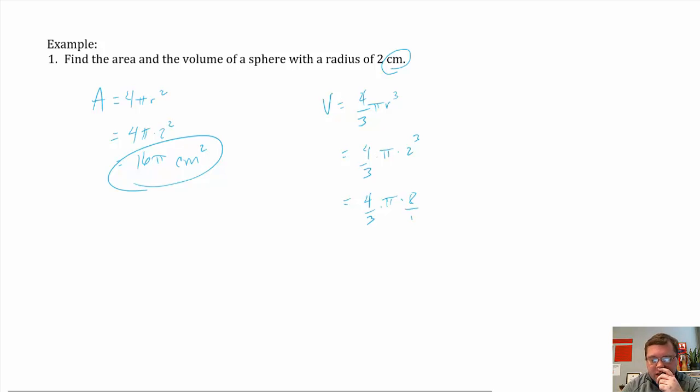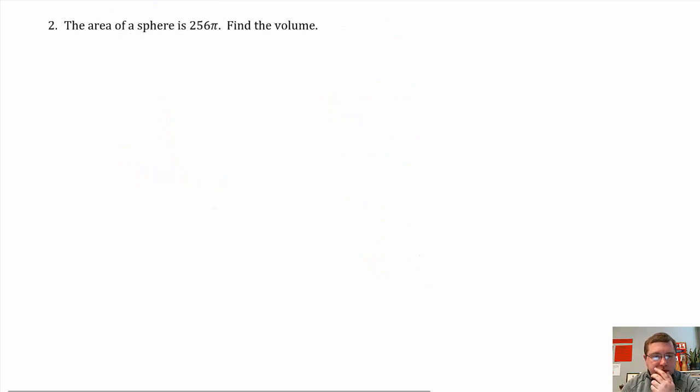Treat that 8 as 8 over 1, so we can multiply it by the fraction 4 over 3. That gives us 32 over 3. And we stick a pi on there. The units for volume are the original units cubed. So 32/3 pi cubic centimeters. Easy enough? Good.